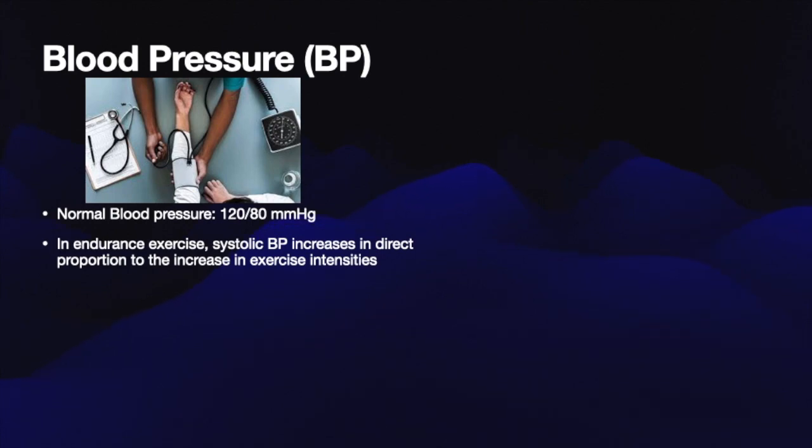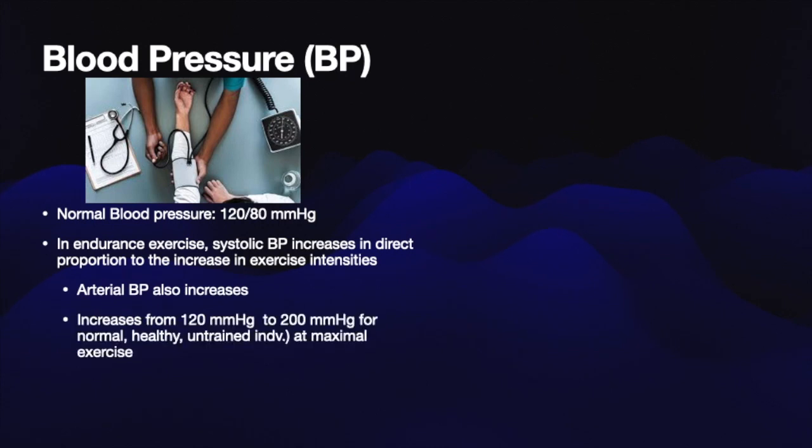Note also that arterial blood pressure increases. There is an increase from 120 to around 200 millimeters of mercury for normal, healthy, untrained individuals at maximal exercise.